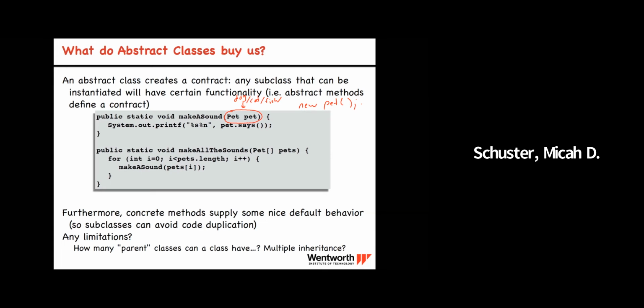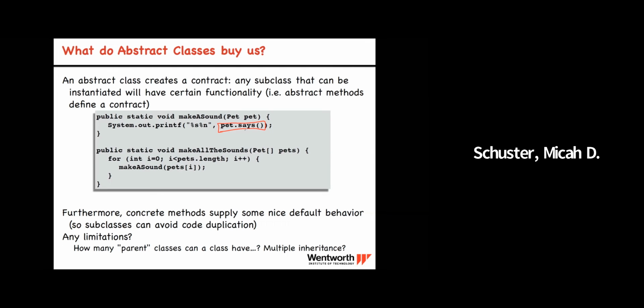Anything that is a pet, so anything that's below pet in an inheritance chain, we could send into here, and this will work because every single pet has a says. It's guaranteed to have a says because says is part of pet.